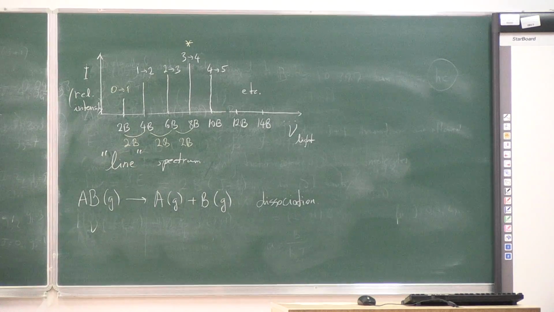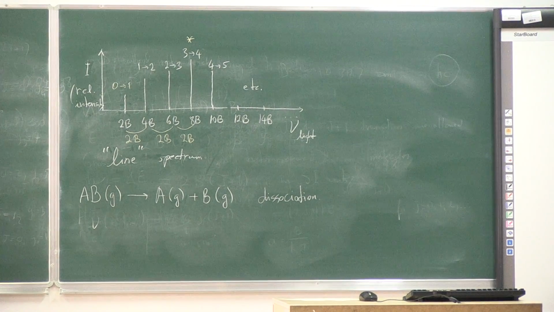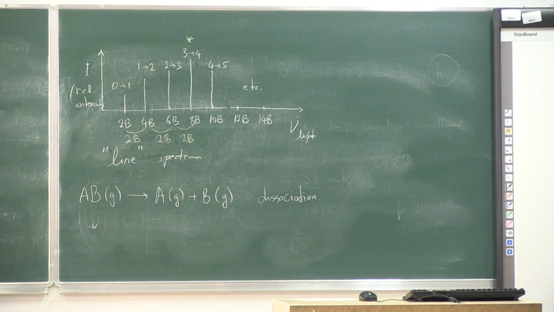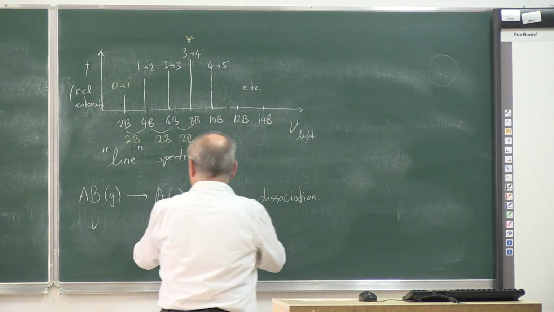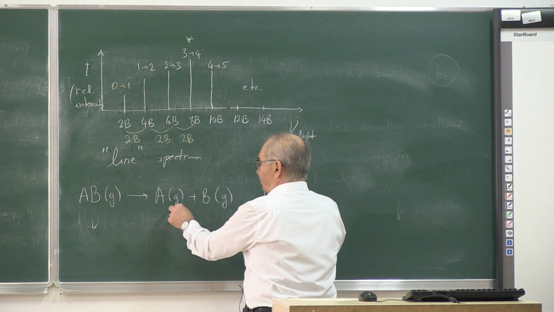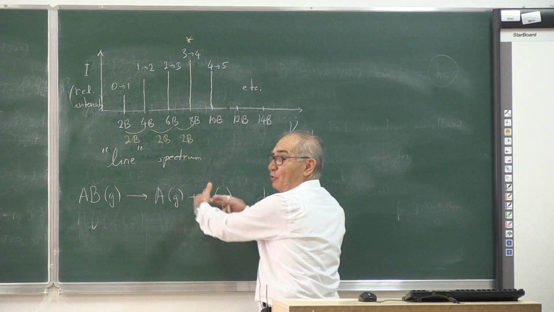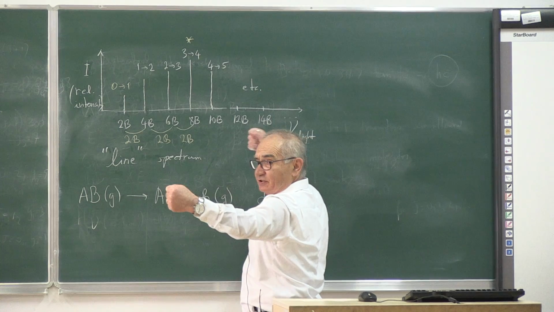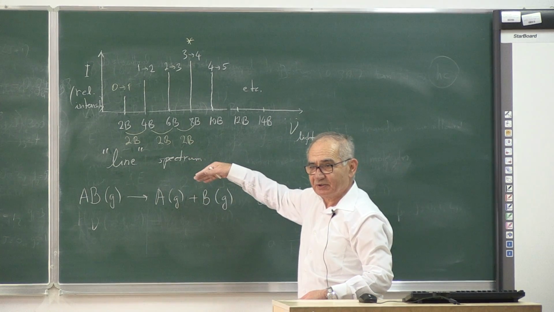So, at large distance between the two atoms, the energy is constant, the total energy is constant, because it is equal to the total energy of A plus B. And there are no interactions at large distances between A and B. Therefore, energy stays a constant.